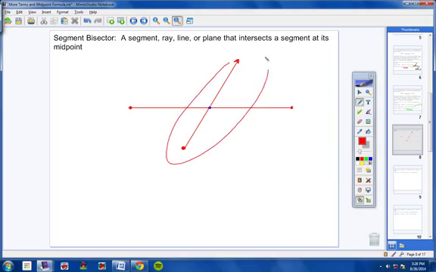So now we have a ray. This ray is cutting this segment right here right in half. So this ray is called a segment bisector. Listen, students, whatever figure, the segment, the ray, the line, or the plane that is cutting the segment in half is called a segment bisector.